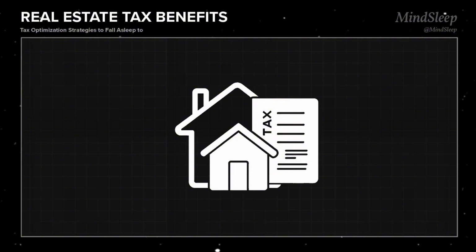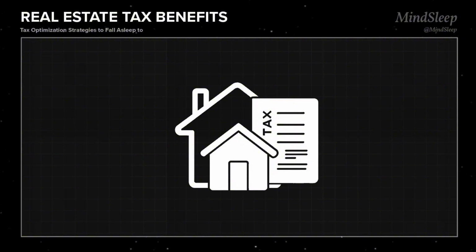As we transition from the world of real estate tax benefits, we find ourselves naturally drawn to another crucial aspect of long-term financial planning: retirement account optimization. While real estate offers tangible assets and immediate tax benefits, retirement accounts present a different set of strategies for tax-efficient wealth accumulation.